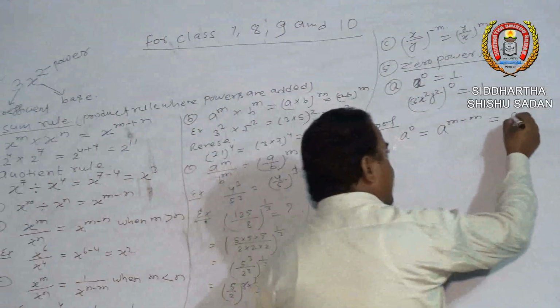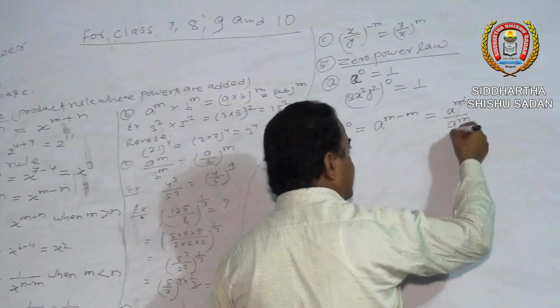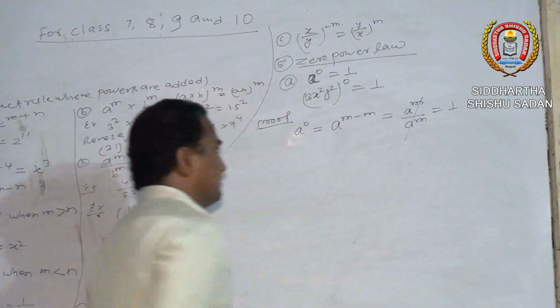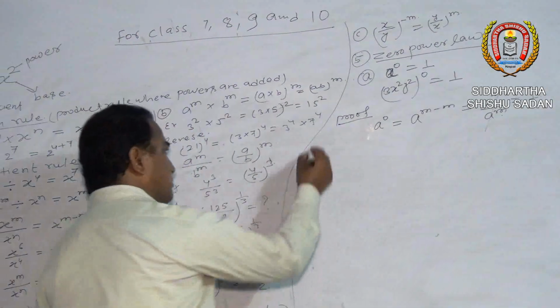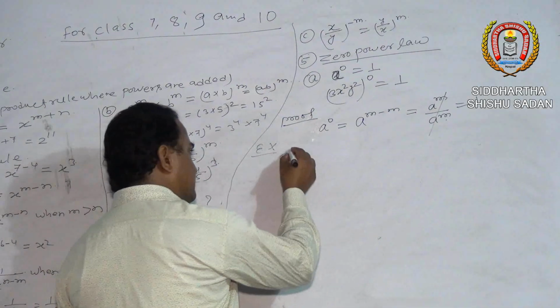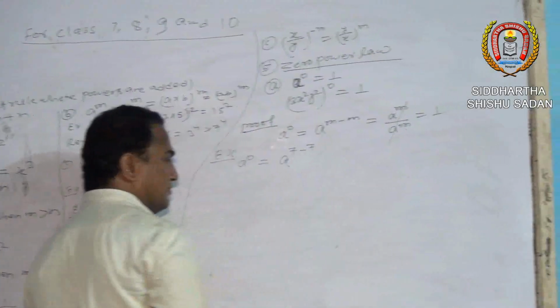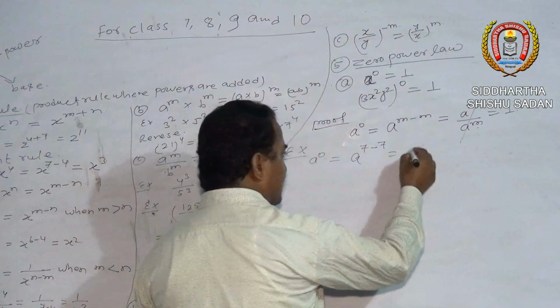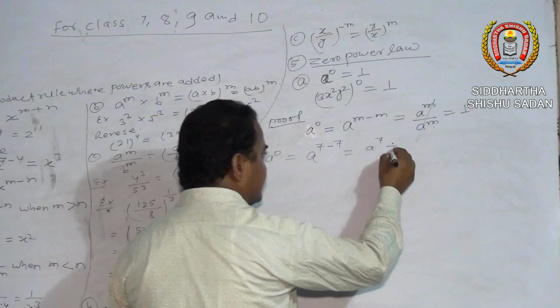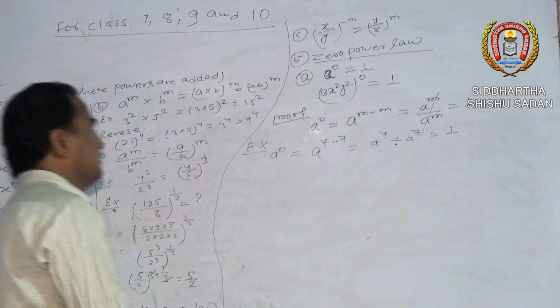That is a to the power m by a to the power m, and that should be cancelled, equal to 1. Again, example: a to the power 0 means a to the power 7 minus 7. It means a to the power 7 divided by a to the power 7, that is equal to 1. This is the proof.